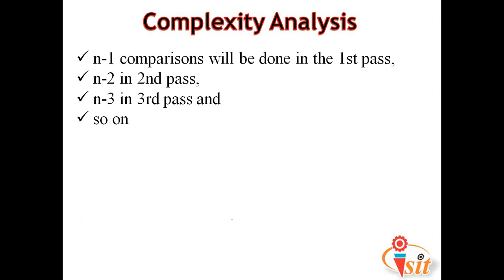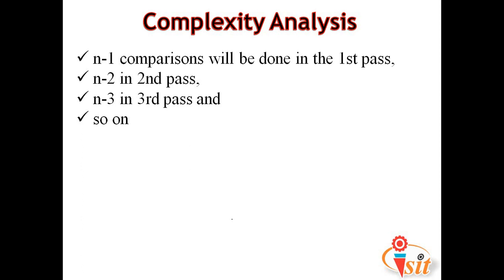Now an important part we need to discuss here is the complexity of the bubble sort algorithm. In bubble sort, n minus 1 comparisons. Here n is the total number of elements available in the array. If you have n elements, n minus 1 comparisons will be done in the first pass, n minus 2 in the second pass, n minus 3 in the third pass and so on.